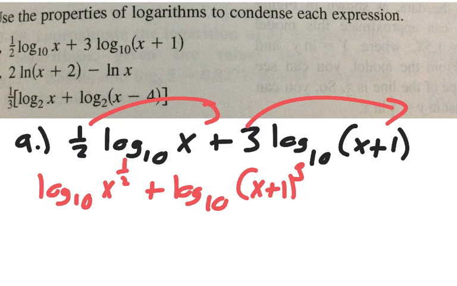Yes? Is the whole x plus 1 being raised to... Yes, the entire argument is being raised to the 3rd power. Now what do I have? I have 2 log base 10s being added. So I can rewrite addition as multiplication of the arguments.